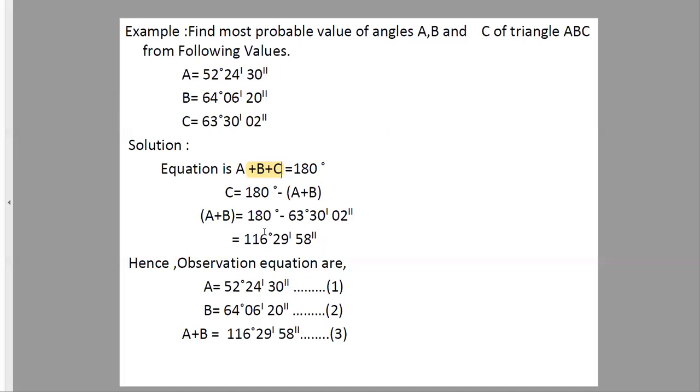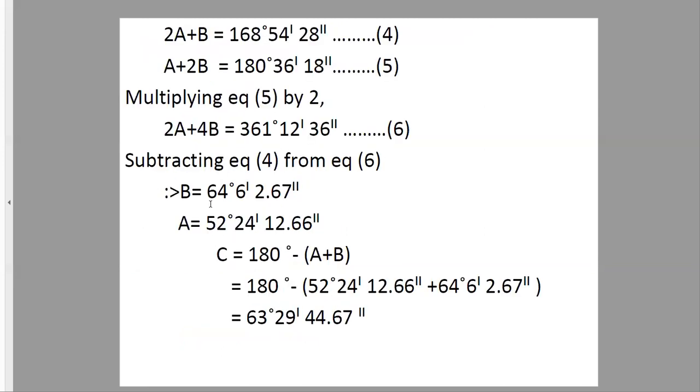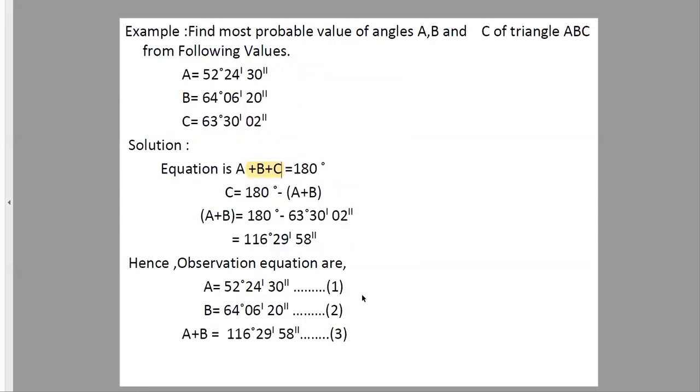And now A plus B will become 180 minus 63, and this will become like this. Now the observation equations say that A is equal to this, B is equal to this, and A plus B is equal to this. Same equation. Now 2A plus B will become this. How?